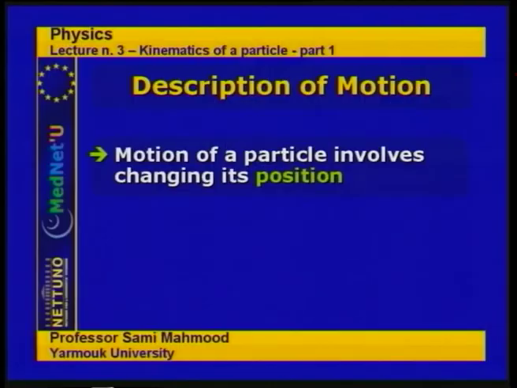Now, when we talk about the motion and the description of motion, what do we mean? Motion involves the position of the particle. When we say a particle moves, that means it changes its position from an initial point to another point.